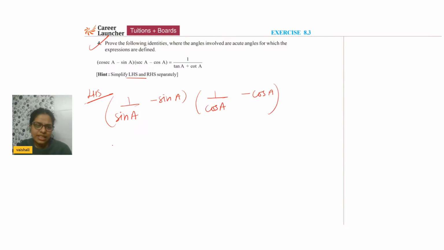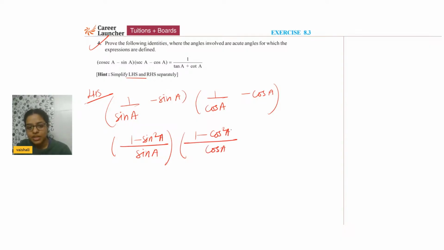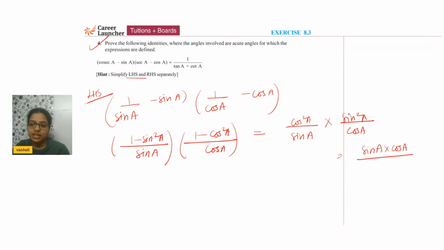So if I am taking the LCM, ये क्या आ जाएगा 1 minus sin square a divided by sin a and 1 minus cos square a divided by cos a. So this is equal to cos square a divided by sin a multiplied by sin square a divided by cos a. So let us cancel out all the similarities जो हम देख सकते हैं. Sin a into cos a is my answer.